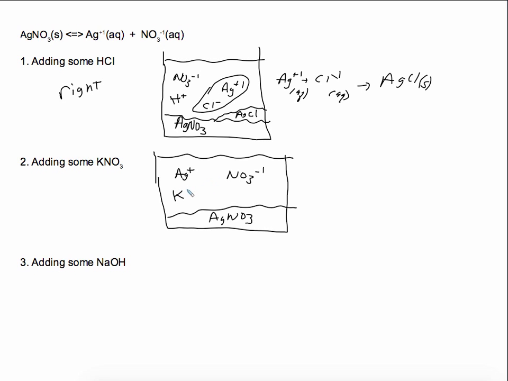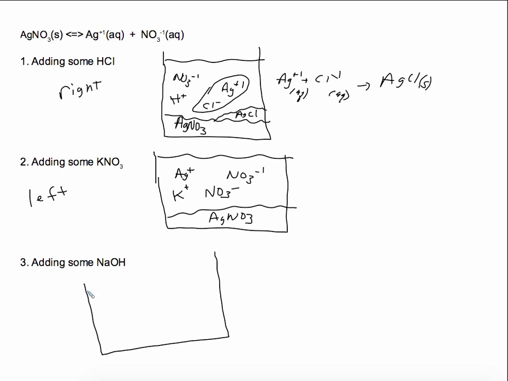Now if you add KNO3, well, the K+ and the nitrate, remember nitrates are always aqueous, that's one thing the AP test wants you to remember. The K is not going to react with the silver, but you're just adding more nitrate. And so adding more nitrate is going to make it shift to the left to remove some of the nitrate. It's kind of like the common ion effect there.